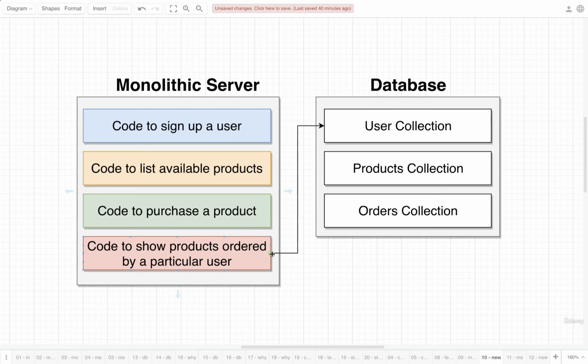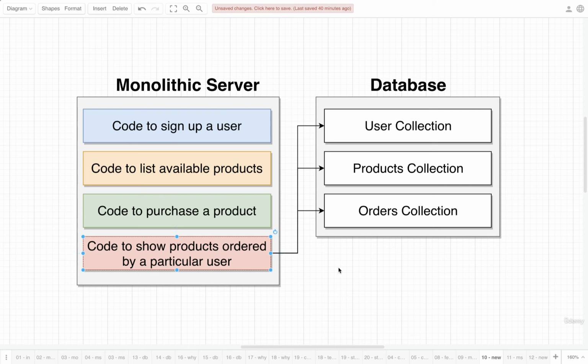We might then look in the orders collection and find the order that a user has created. And on that order, we would see the IDs of each product that was actually ordered. Then if we wanted to show information about those products, we'd probably have to do a query over to the products collection as well. So we're talking about accessing these three different sources of information to implement this one single feature. And inside of a monolithic server, this is all totally fine.